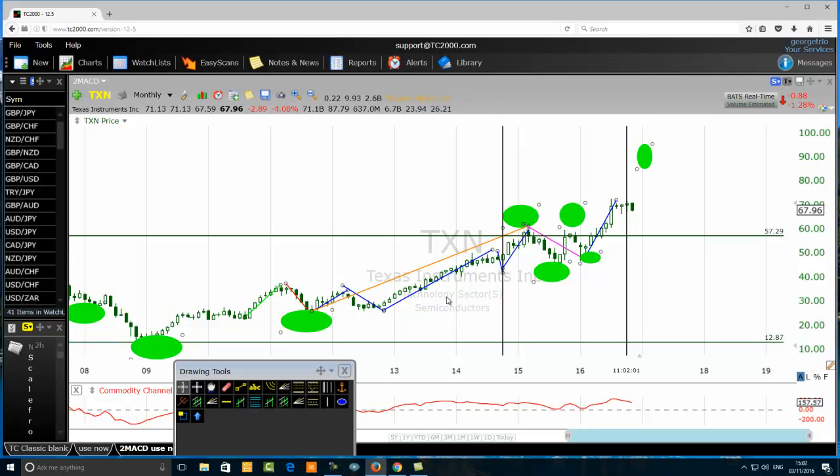So the last condition for the butterfly pattern is the B point. This is what we call B. So we have X, A, B, C, D. And the D can go up to 127% Fibonacci extension level of XA.